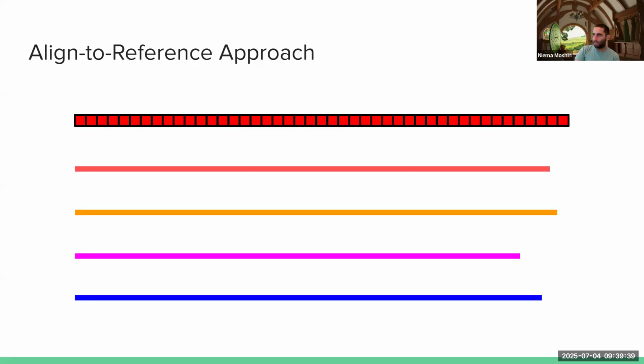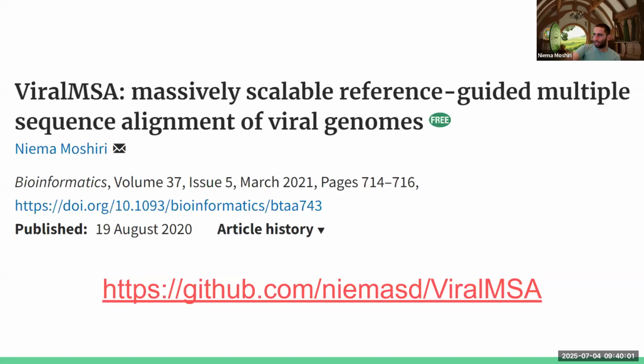I can see, for the first position of my reference genome, what letter in each of these sequences lined up to that first letter. Let me output all those letters as the first column. Do the same thing with the second column, the third column, the fourth column, and so on, until I reconstruct the whole reference genome. This is a technique that I implemented in a tool called Viral MSA.